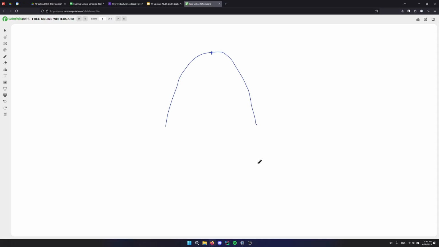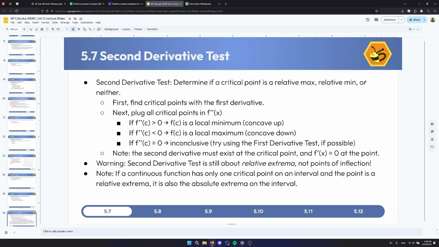Graphically, of course, that's the absolute max. However, we can generalize this idea to any case where we have a single critical point that is a relative extrema: it must also be the absolute extrema. Hopefully that makes sense for this rule.